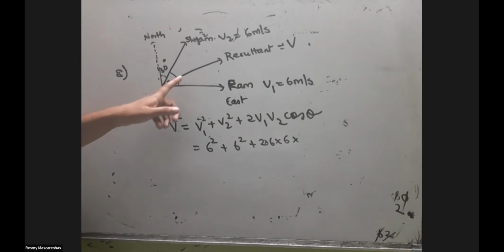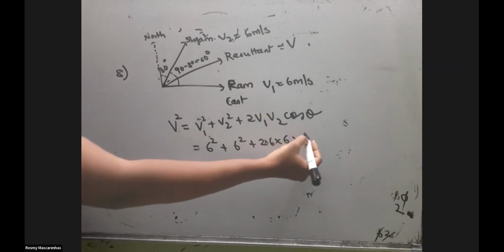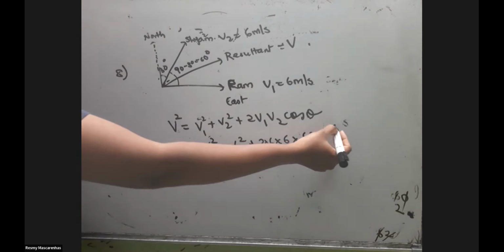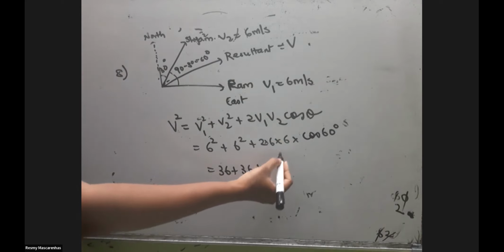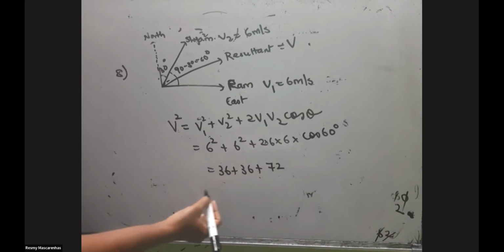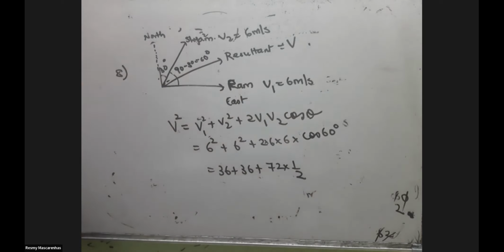What is the angle between Ram and Sham? 60. Yes. So 90 minus 30, that would be 60 degrees. So here you have to take 60. And cos 60 is half.